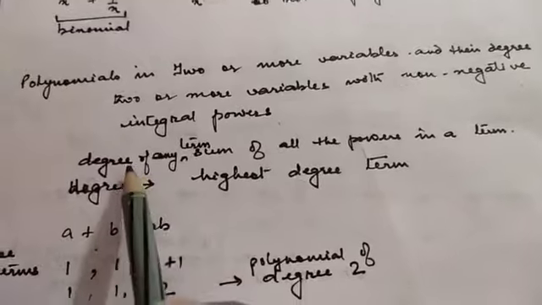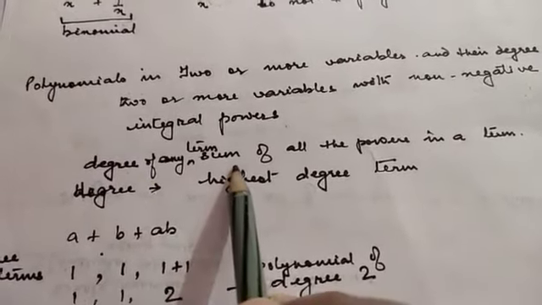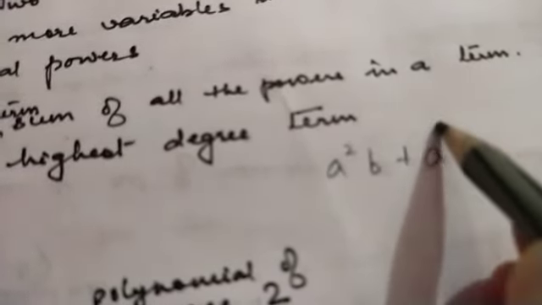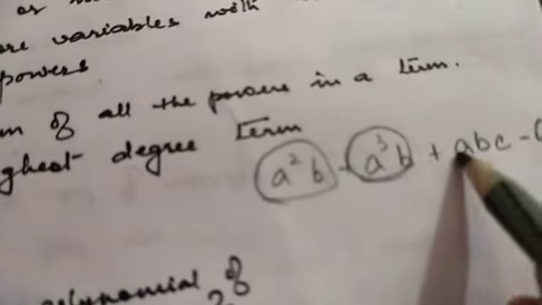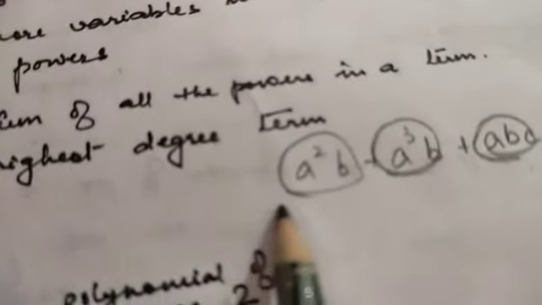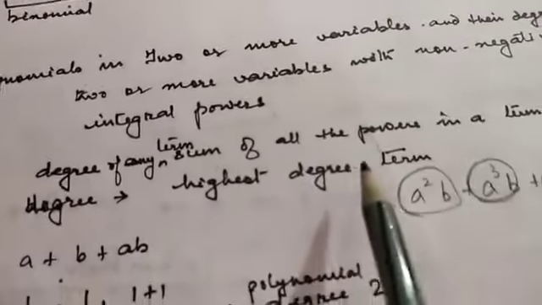We calculate the degree of each term. Like, take a square b plus a cube b plus abc minus 6. This is one term, this is another term, this is the third term, this is the fourth term, right? So we will calculate the degree of each term.